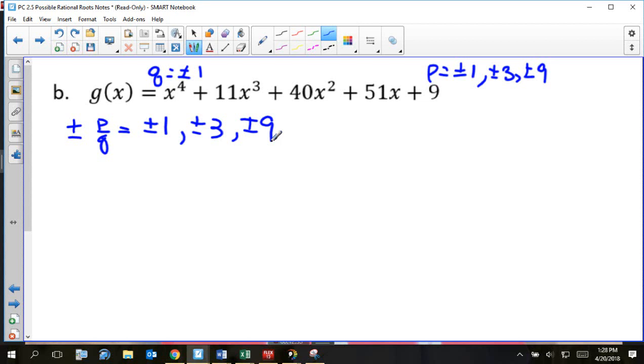And how many solutions am I looking for? How many factors am I going to have? 4. Here's 6 to choose from. But remember, these are the rational ones. There might be irrational answers, or there might be imaginary answers. So we're only going to know that by you guys graphing this. Go ahead and type it in your graphing calculator. Graph it.